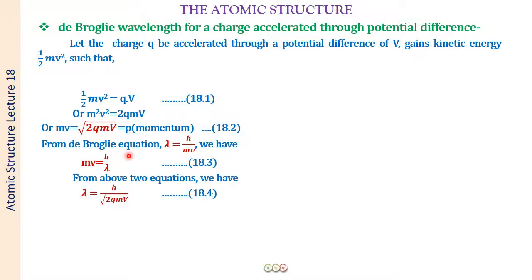Next, we have the de-Broglie equation, lambda is equal to h over mv. We can write mv as h over lambda, and now we have mv in both equations, so we can equate them, and hence we get lambda to be h over under root of 2qmV. Fine.